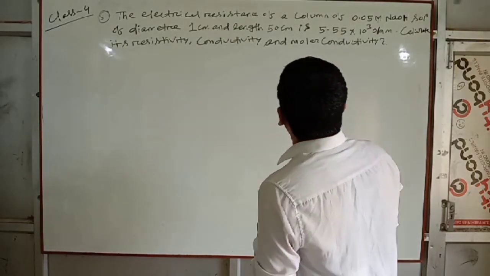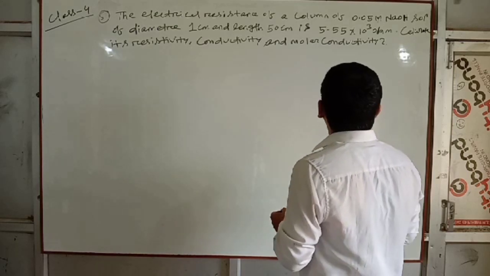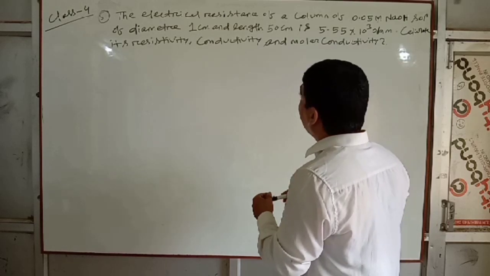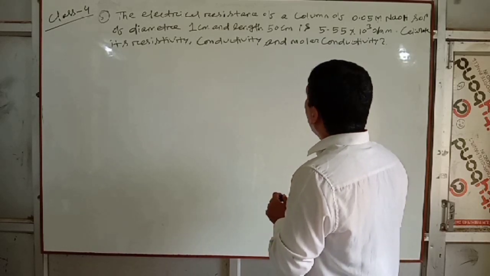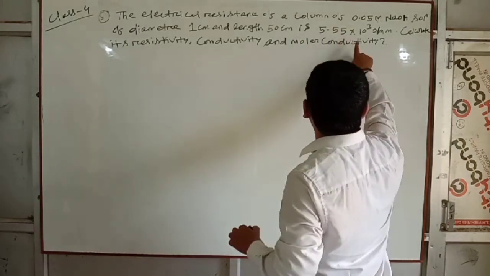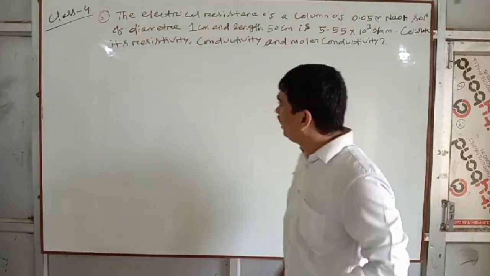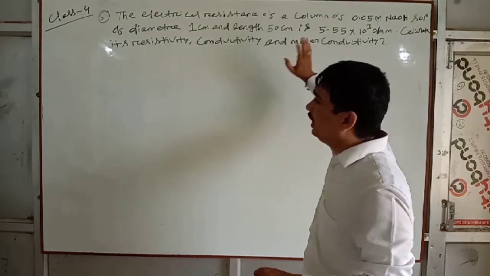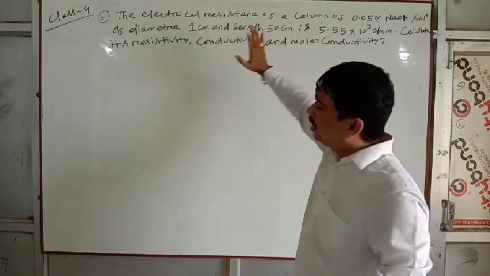The electrical resistance of a column of 0.05 NaOH solution of diameter 1 cm and length 50 cm is 5.55 into 10 to the power 3 ohm. Calculate its resistivity, conductivity and molar conductivity. Clear?